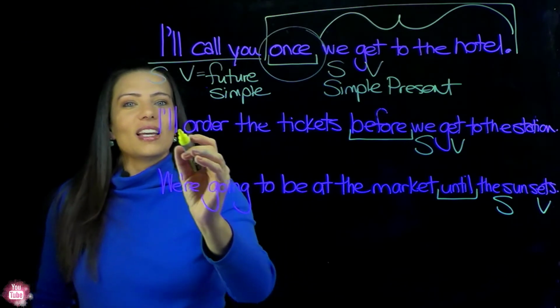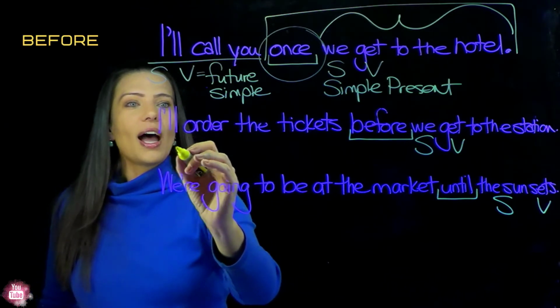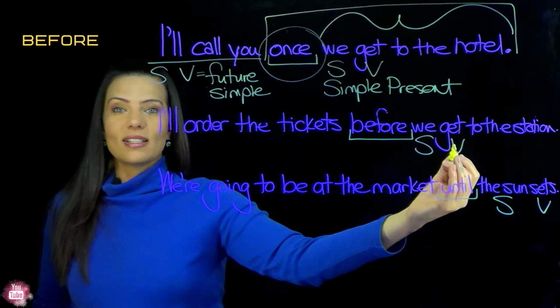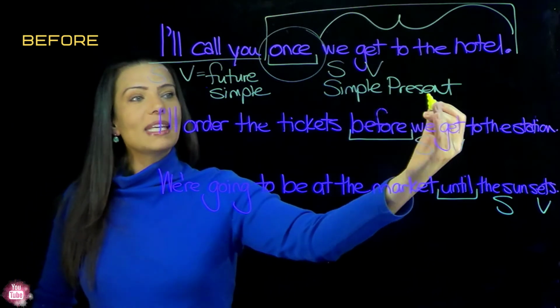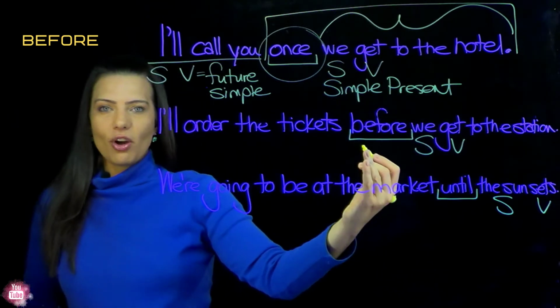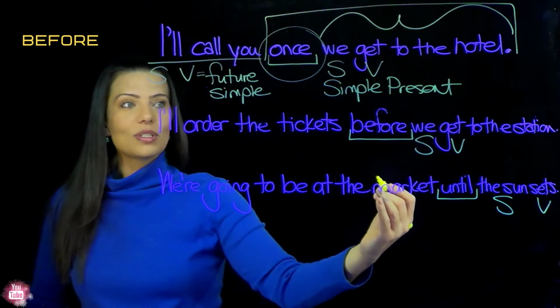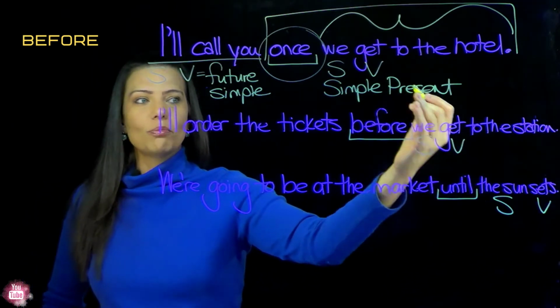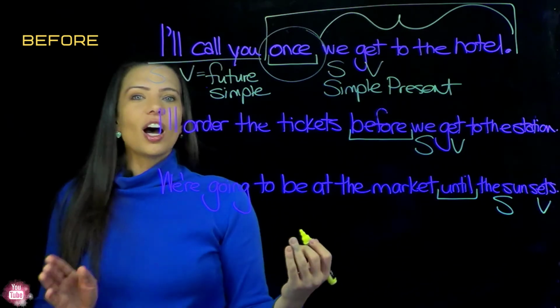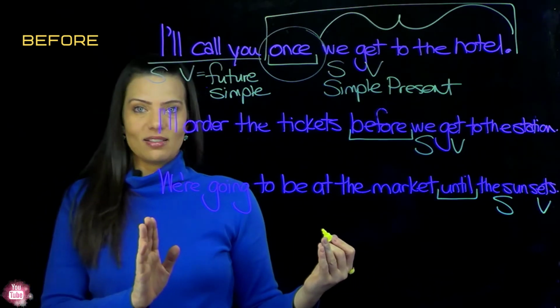Okay? In the second example, I'll order the tickets before we get to the station. So before we get to the station, even though this is happening in the future, we still use the simple present, before we get, not before we will get to the station.